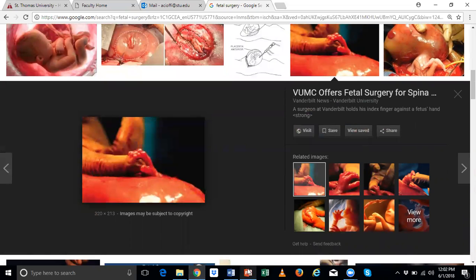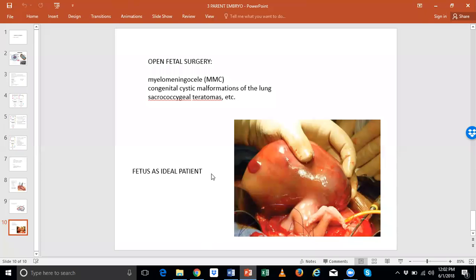Anyway, from one perspective, why is a fetus an ideal patient? Think of a born patient. Let's say we got into an accident, God forbid, and now we're at one of the hospitals in town. We were okay, but a drunk driver hit us.